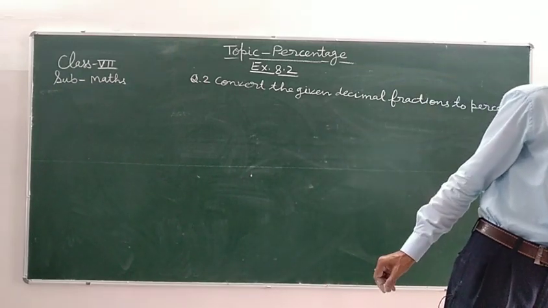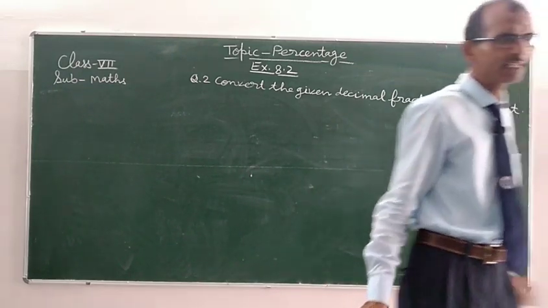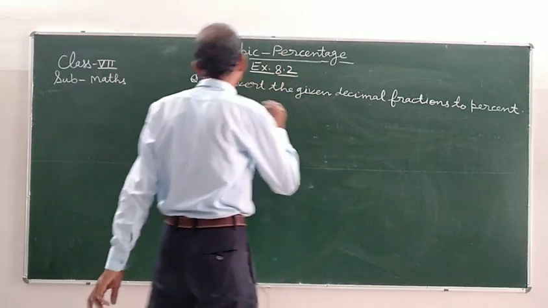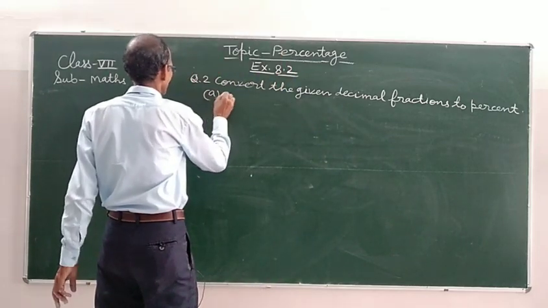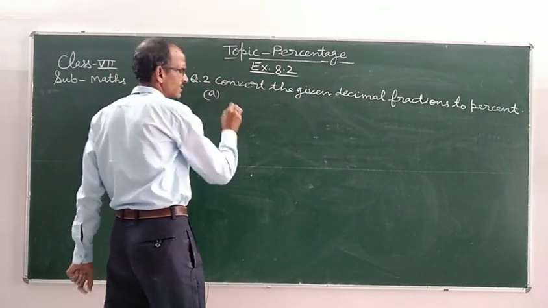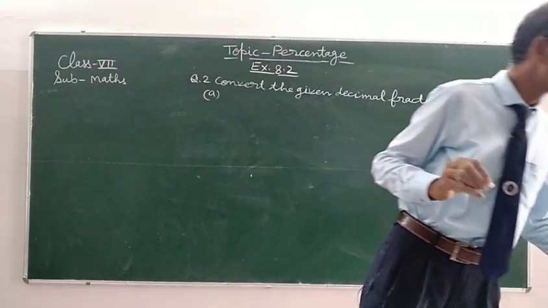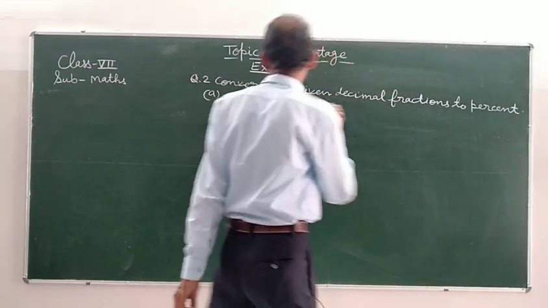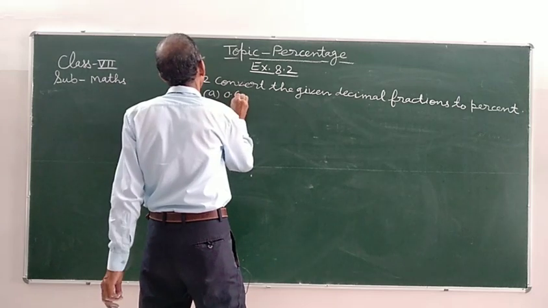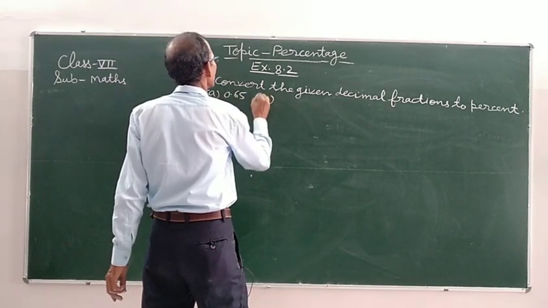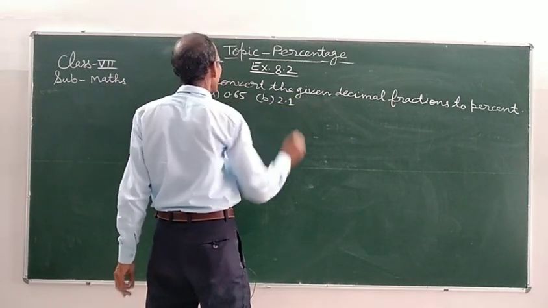A is 0.65 and B is 2.1. We will take two questions. A is 0.65 and B is 2.1. Okay?